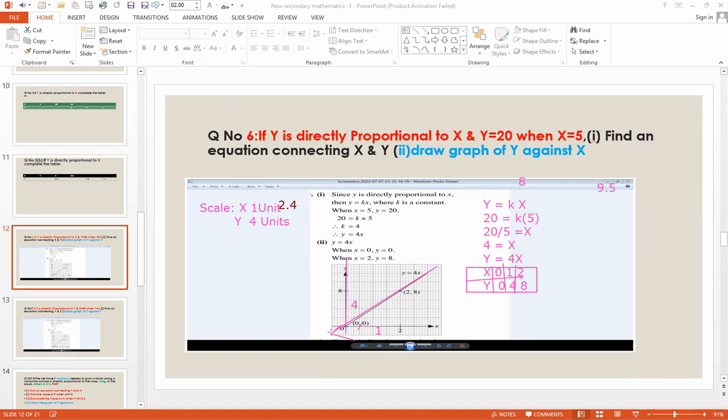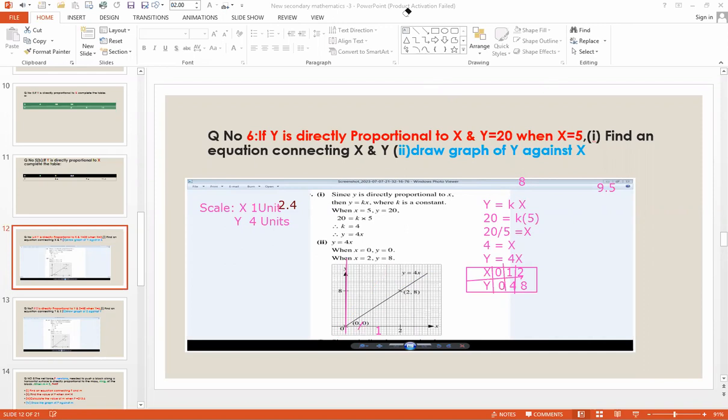Now I have to draw the graph passing through the origin. I draw the graph using yellow color, so it becomes easier to understand.